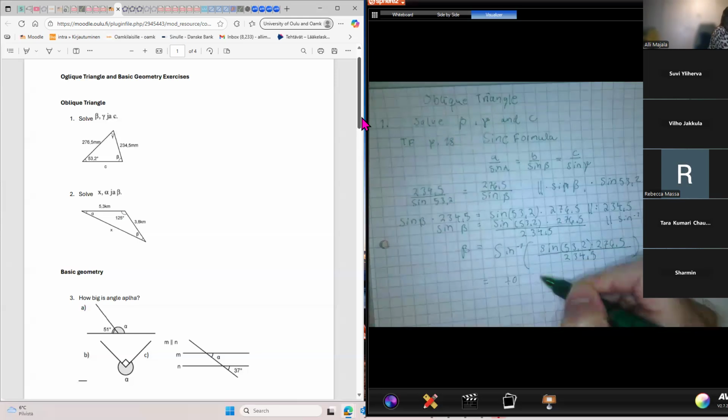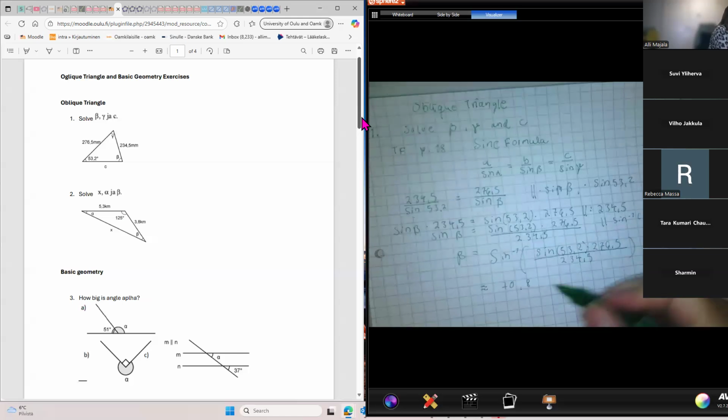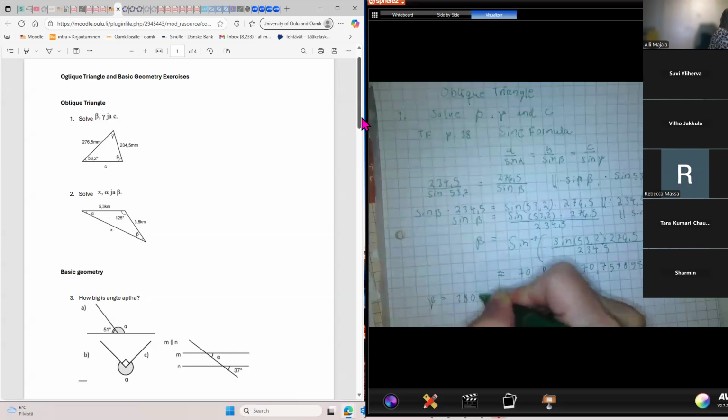So then I get some angle here. It was 70.8 above, maybe something like this. Well, it was 53.2, something like that. Okay. And then I could calculate the beta angle because I know that all the angles are 180 in total, so now beta gamma.